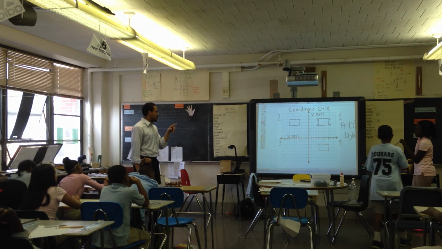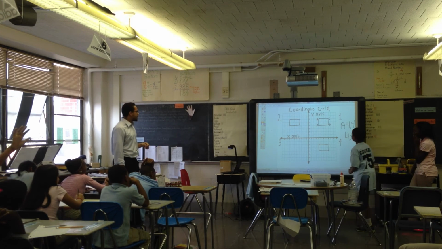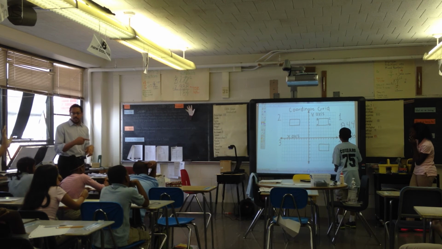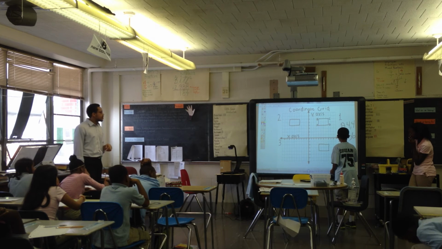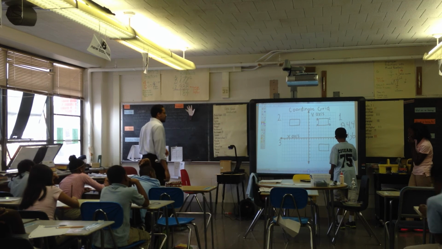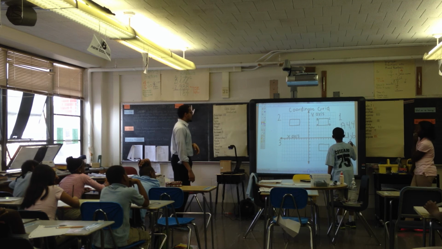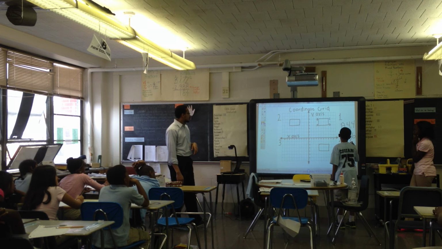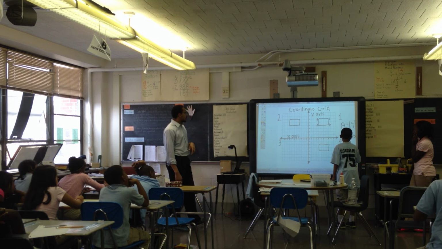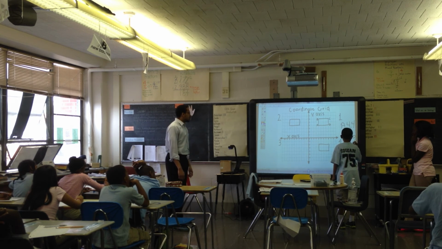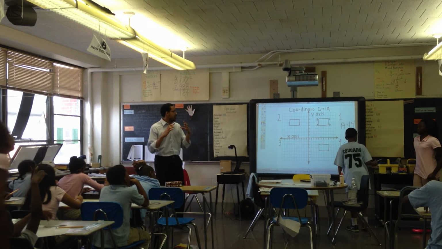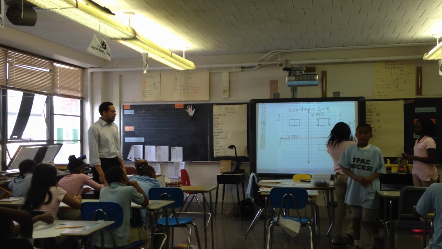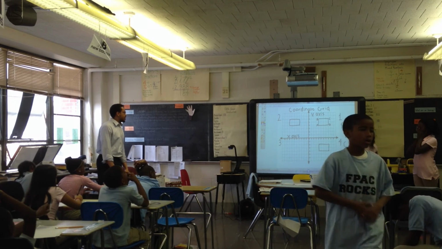And then, Tony, what is C? And then Caleb Jones, when Tony's done, can you do D? Very good. C is 9, 6. Tony even included the parentheses. I like that. So C is 9, 6. And Caleb Jones is going to give us the last point, D.